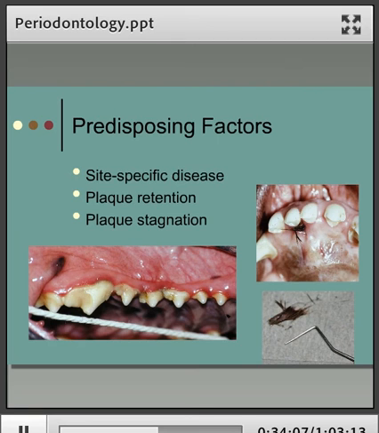And although it's only one of the four sides, unfortunately it spells the end because it's about a 10mm pocket, so the tooth has to be extracted in this case. But all the rest of the teeth, absolutely perfect.